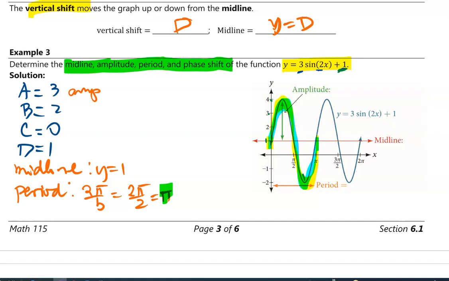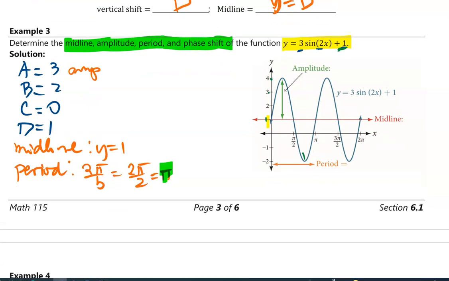So that makes it 2 periods from 0 to 2 pi. So that's why you have another one here. All right. So that's the graph of y equals 3 sine 2x plus 1.